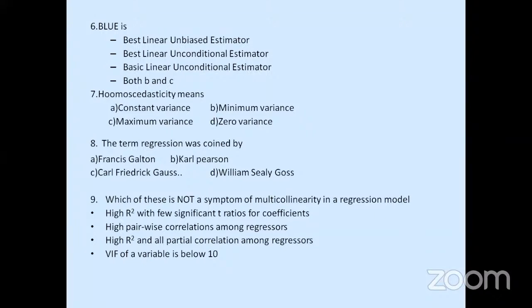VIF is a value we get if we run the software, or we can calculate it manually also, but it's a very tedious procedure. If the value of VIF is less than 10, then it is understood that it's good data. If it is more than 10, automatically there exists multicollinearity.